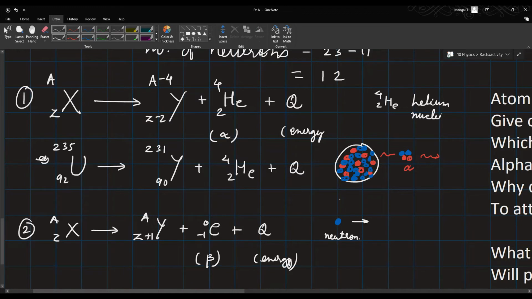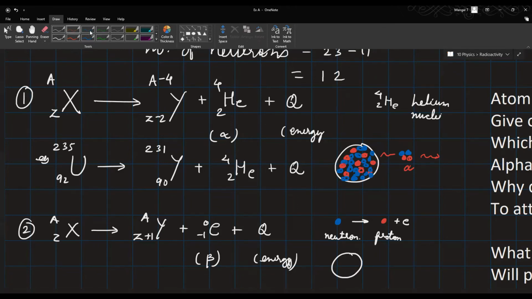The neutron turns into a proton plus an electron. So when a beta particle is given out from the nucleus, there is one increase of proton in the nucleus. So inside the nucleus, if you have a neutron, what will the neutron do?